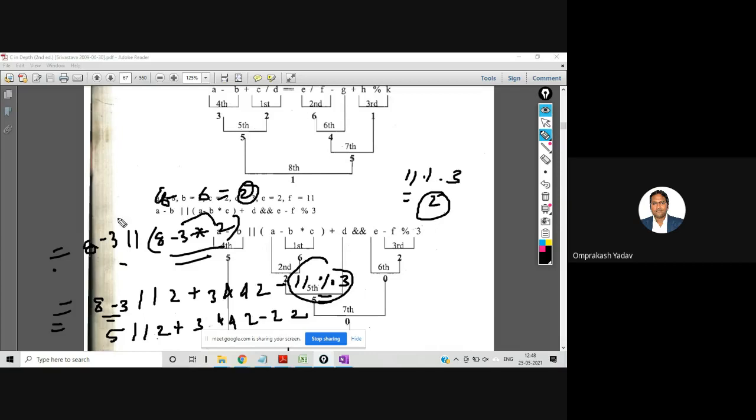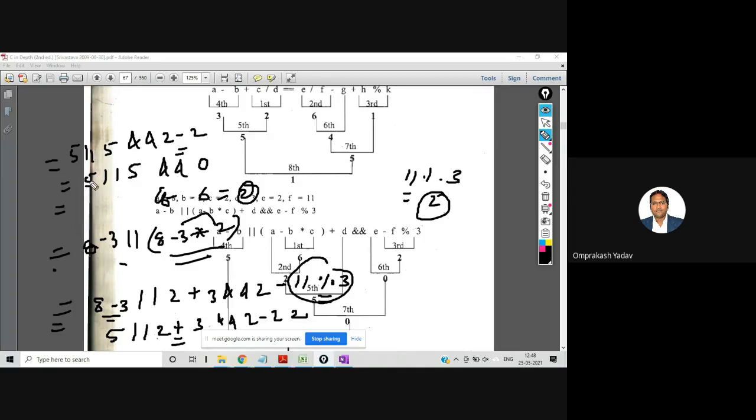Now from this expression we get this plus first. So 5 OR 2 plus 3 is 5, and 2 minus 2. After this minus we will solve, so 5 OR 5, and this is 0.